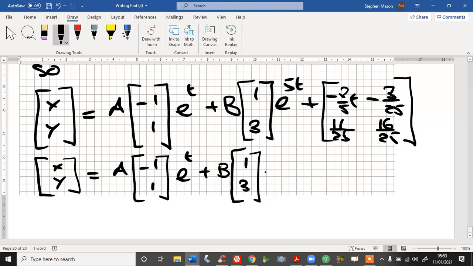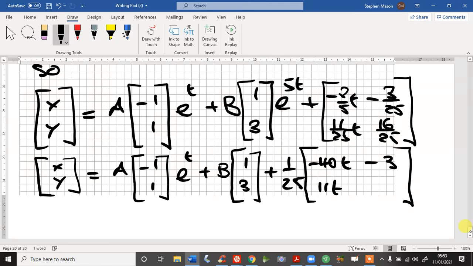So we've got plus 1/25 times the matrix, -40t, -3, and that's 11t. Sorry, that should be a t there as well, shouldn't it? Yeah. And then that's just 16. In fact, it should be a plus 16.